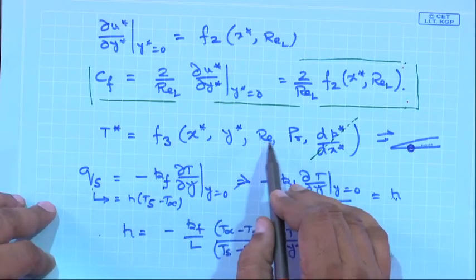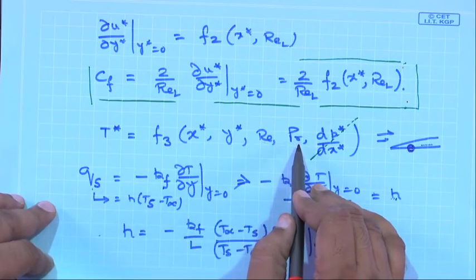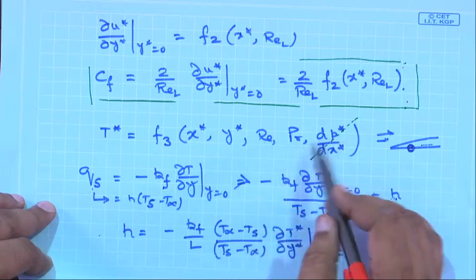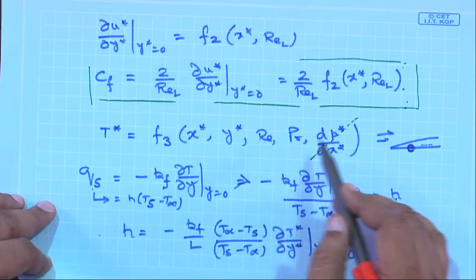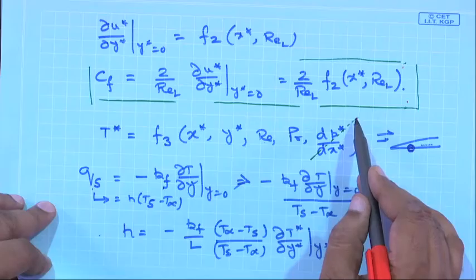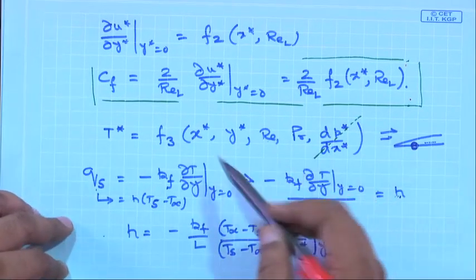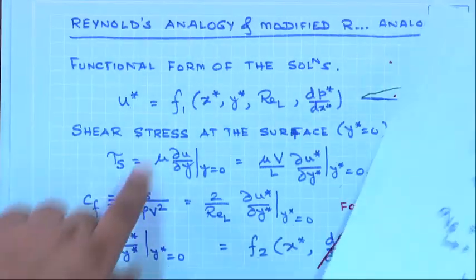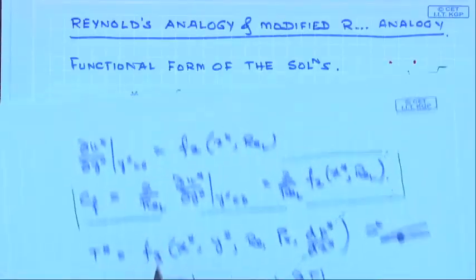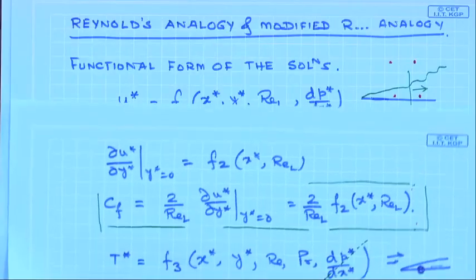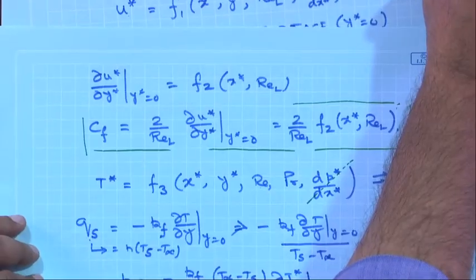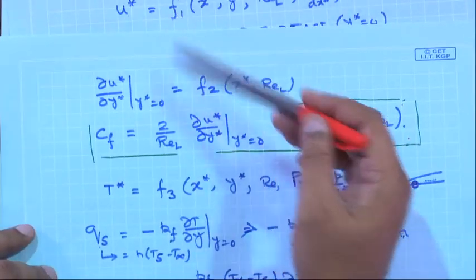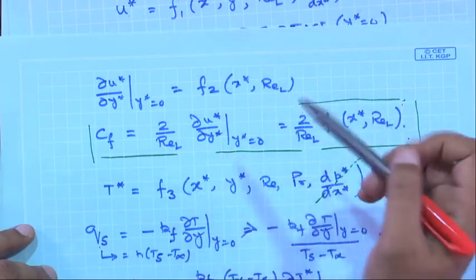If your Prandtl number is equal to 1, the equation becomes dynamically similar, and the dependence on dp dx is not there. Therefore, f1 and f3 are going to be identical.